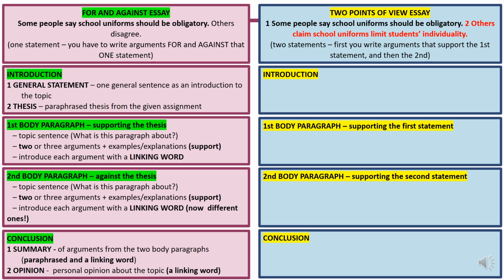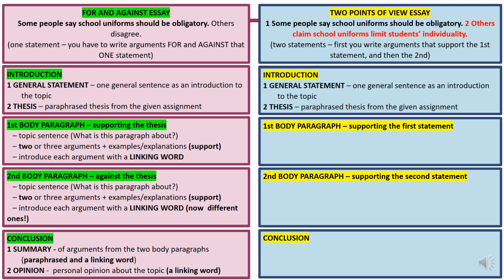So introduction as a paragraph has 2 same parts as for and against. You need a general statement and you need paraphrase thesis. So general statement, general sentence acting as an introduction.